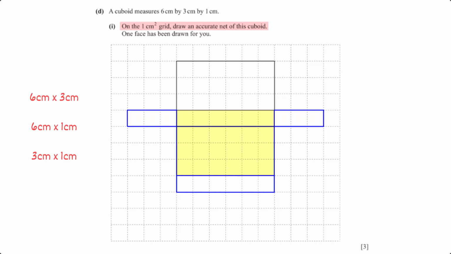On the sides, it will be connected to the side faces with dimensions 3 centimeters by 1 centimeter. The top of the cuboid with dimensions 6 centimeters by 1 centimeter can be connected to any of these sides. In this case, we have enough space to connect it at the bottom.